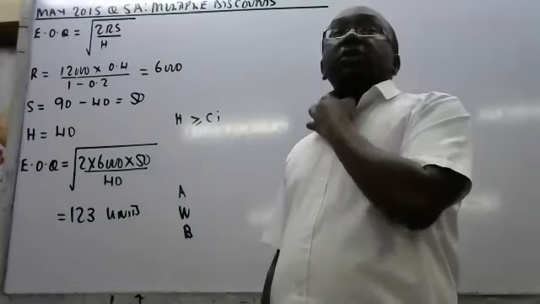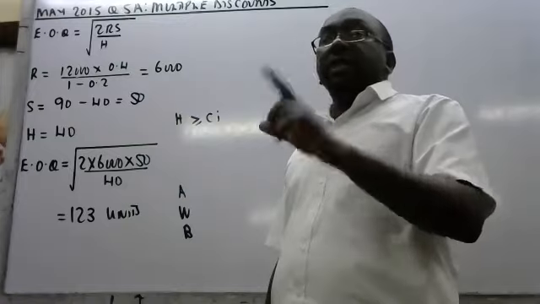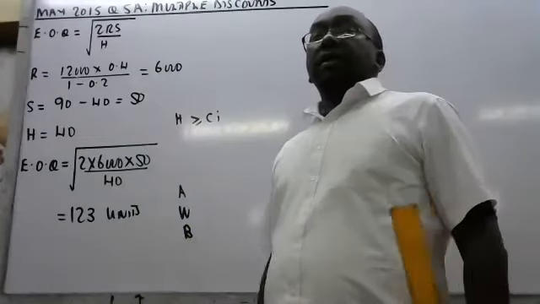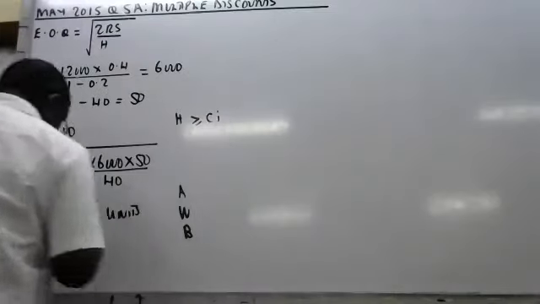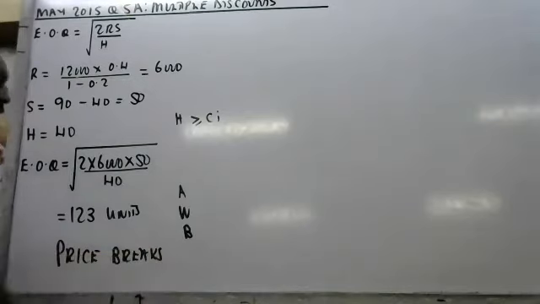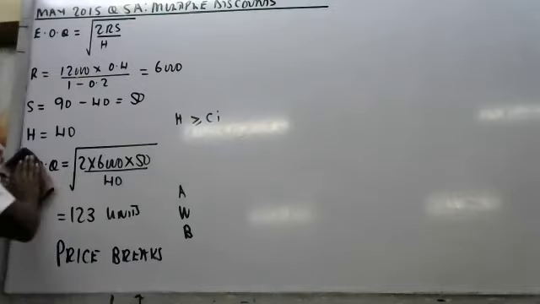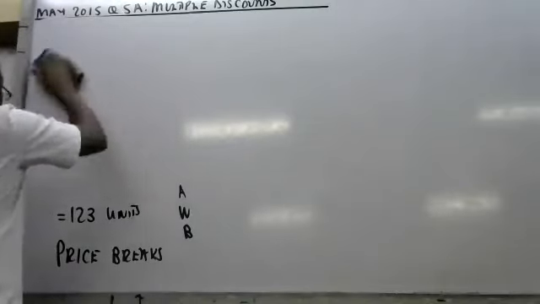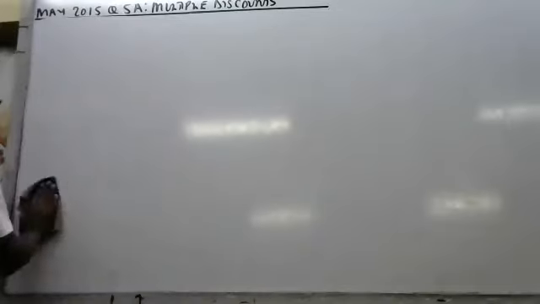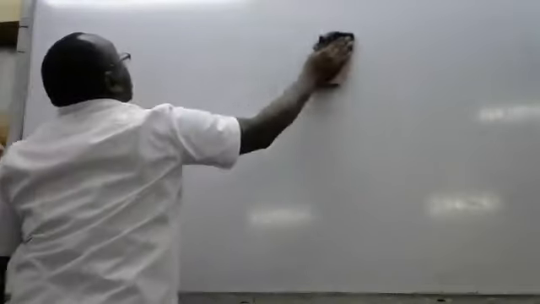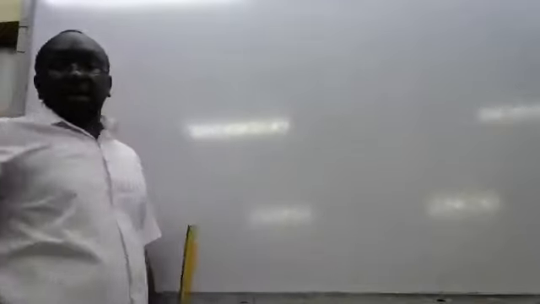Put it that way: the computed EOQ of 123 units is below all the price breaks, and therefore the lower limits of the breaks will be used as Q.